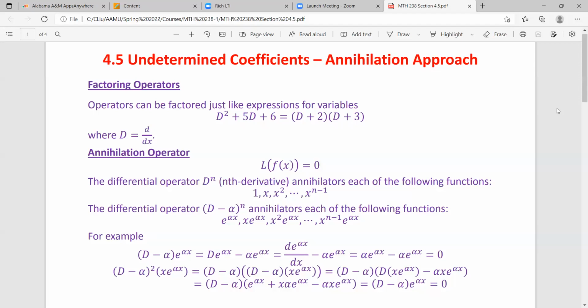So if you take a derivative n times, at the end all of those functions are annihilated. You're going to get 0 because the highest power in here is x to the n minus 1. And similarly, you can also check that the differential operator D minus alpha to the n annihilates each of the following functions.